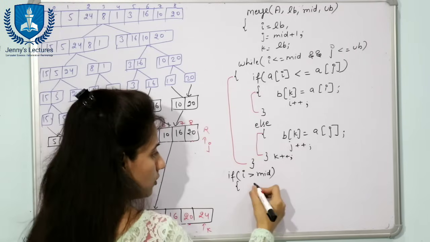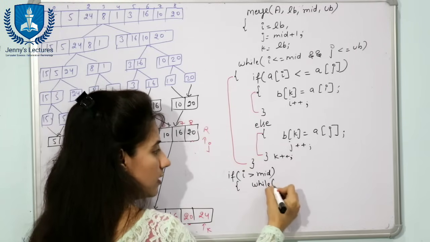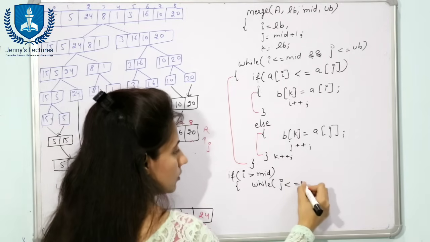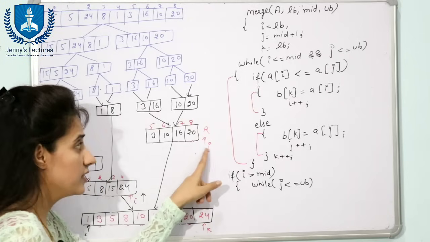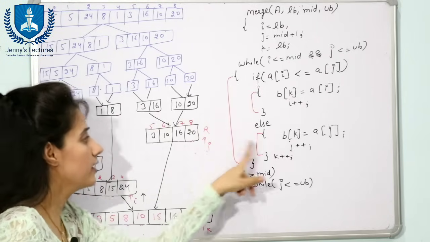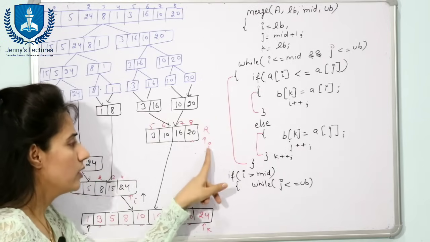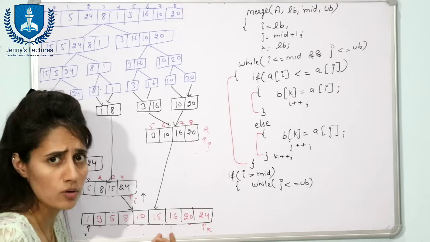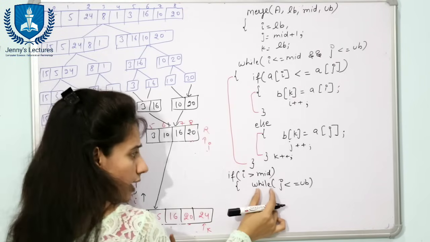So now what you will write? While j less than equal to upper bound, while j less than equal to upper bound only. Fine, because if j is also greater than upper bound, then obviously there is no leftover element, so no need to put these elements here. So you will write that condition also.